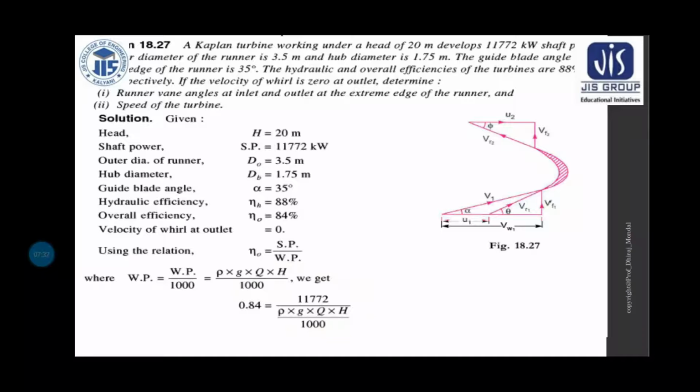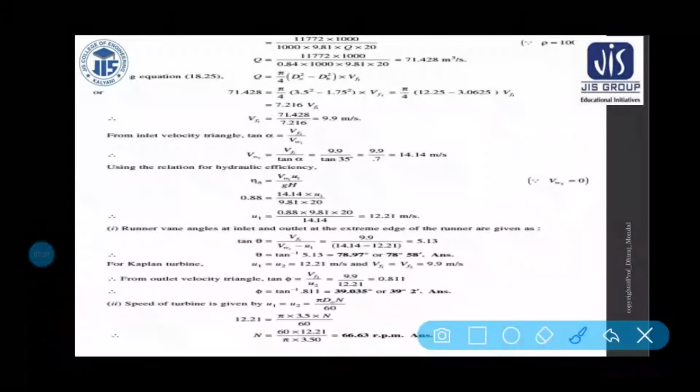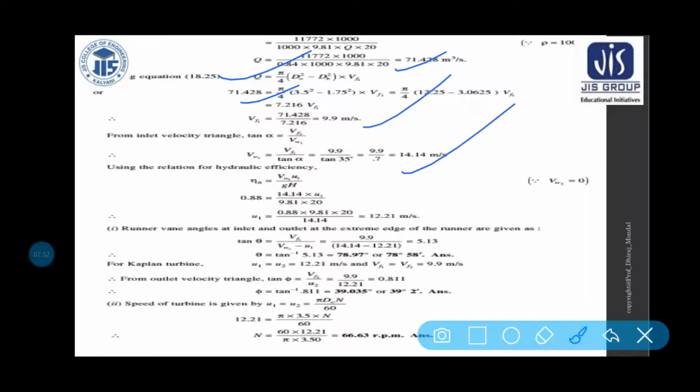Now if it is clear, come to the hydraulic efficiency. You know that the hydraulic efficiency is given. So this is your discharge. How much discharge? Discharge is 71.4 meter cube per second. Now put the value, you will get Vf1, and from that you will get Vw1.